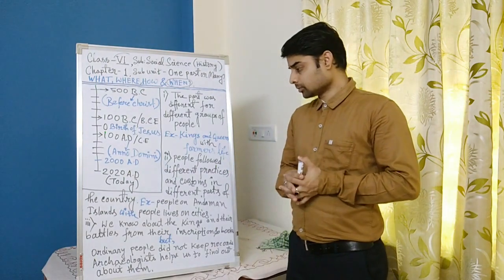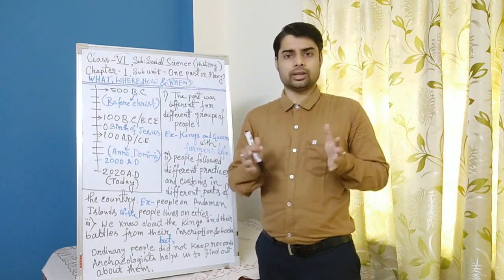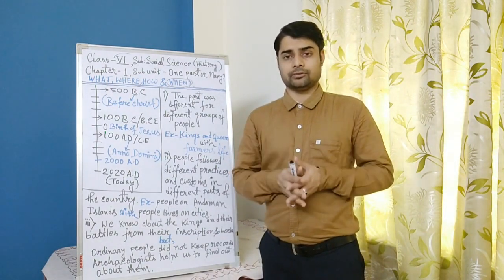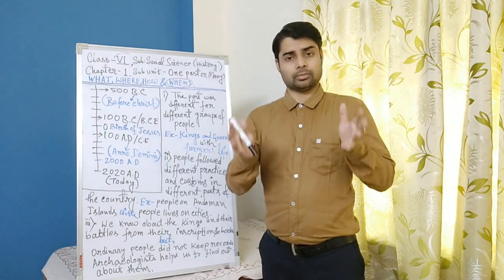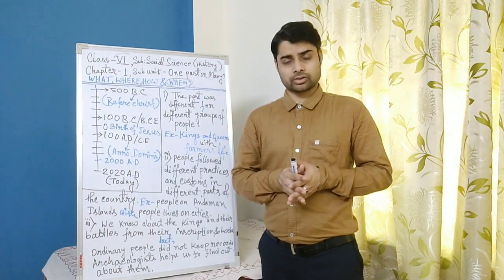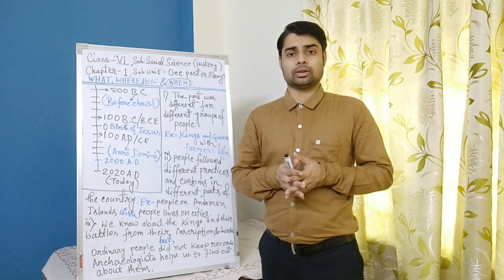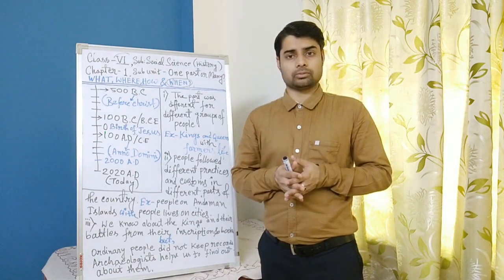Because agricultural land is very scarce, most of them live on collecting food from the forests, fishing in the oceans, and gathering fruits and roots from the forests.